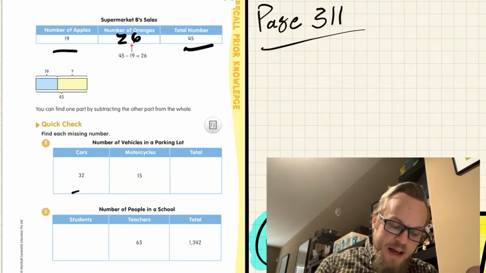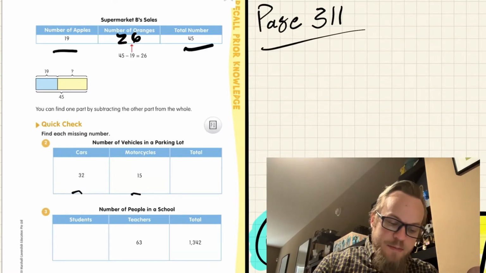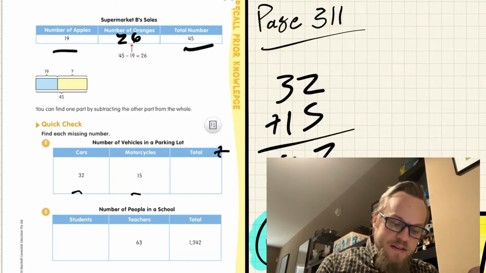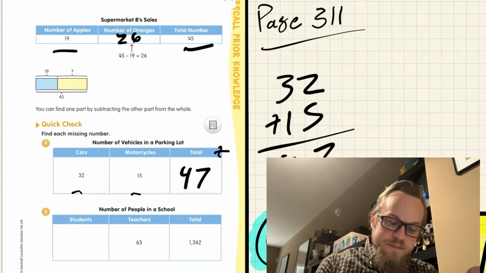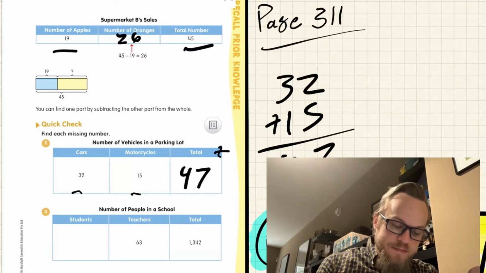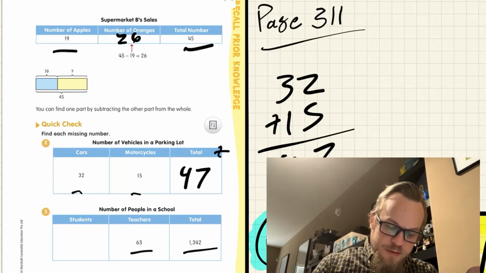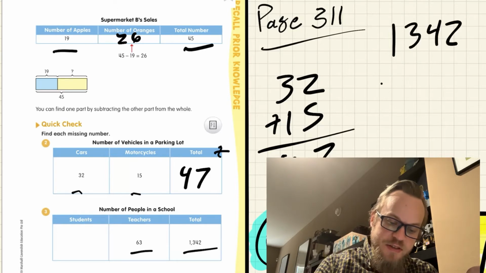So if we apply that, for this it says number of vehicles in a parking lot, 32 and 15, and I need a total. So I add 32 plus 15, which gives me 47 vehicles total. Number of people in a school, 1,342 with 63 teachers, so I know my total and a part.